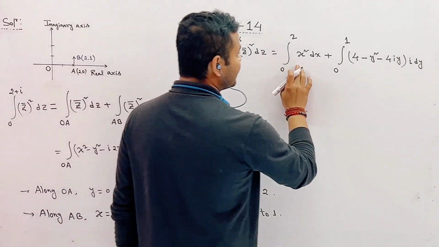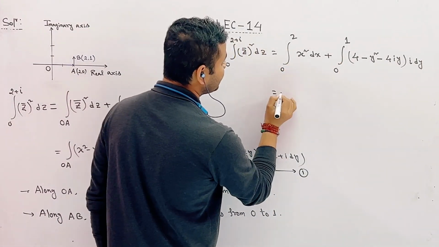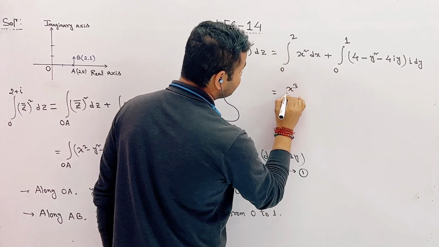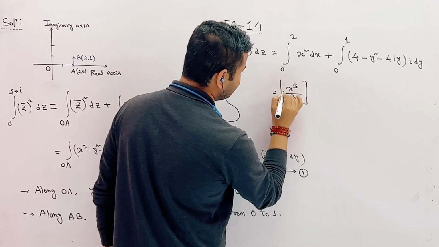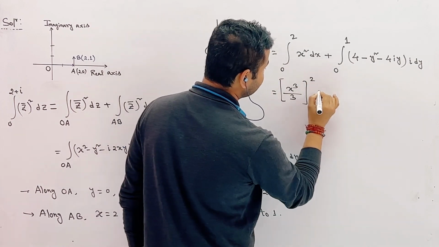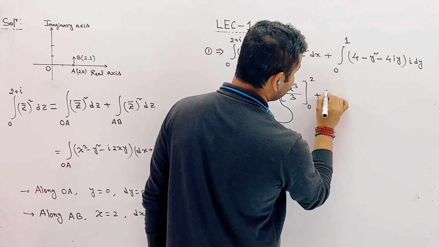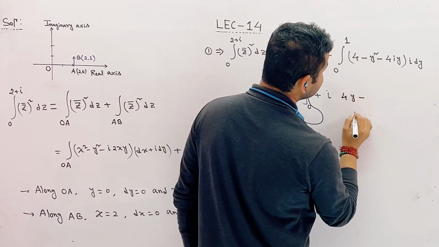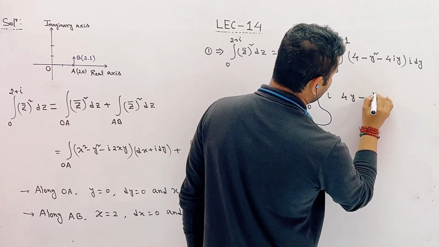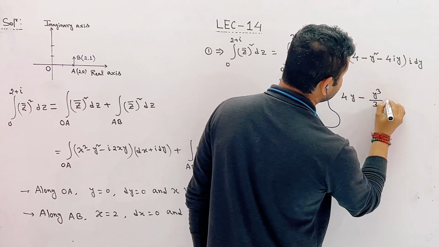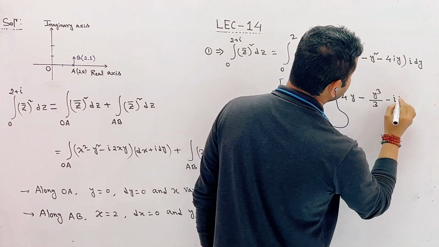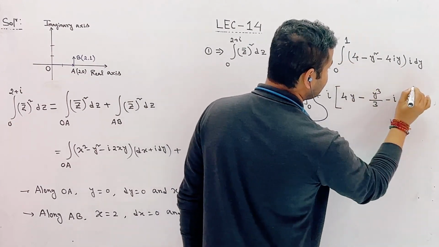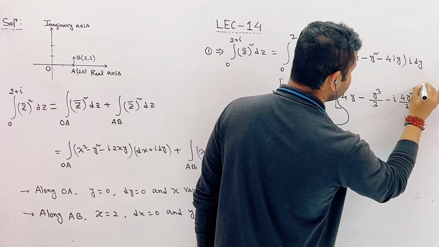Now, let us simplify these terms. Integration of x square dx gives x cube by 3, limit from 0 to 2, plus iota times (4y minus y cube by 3 minus iota 4y square by 2), limit from 0 to 1.